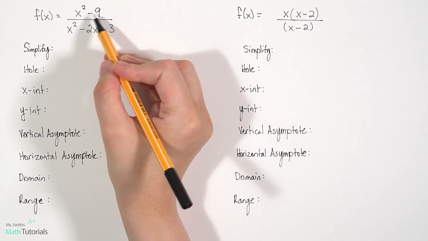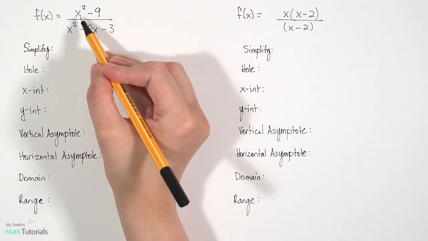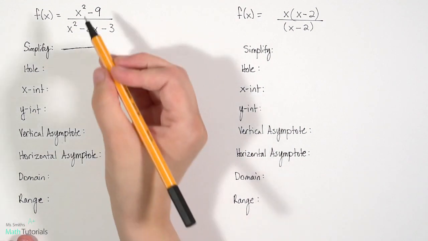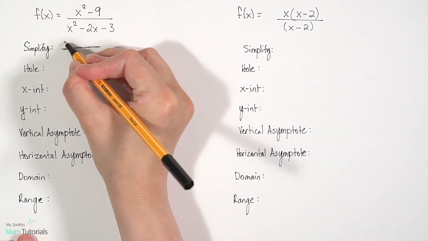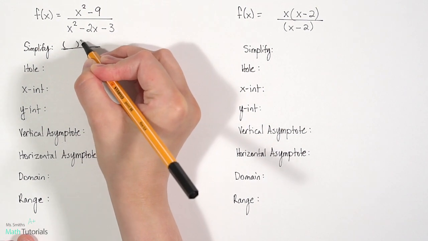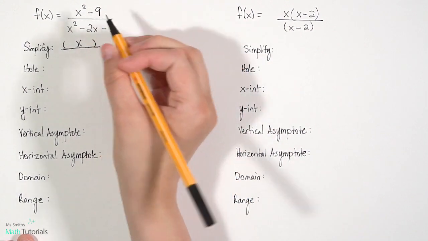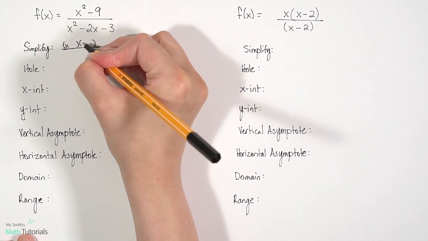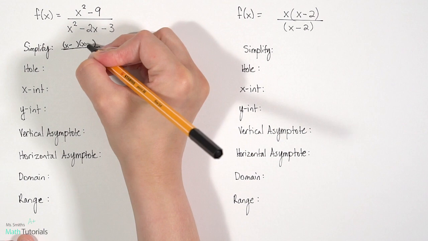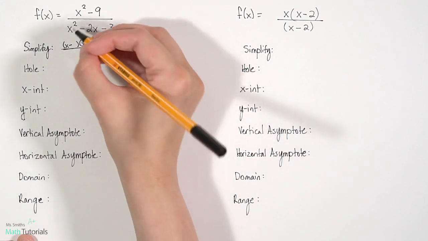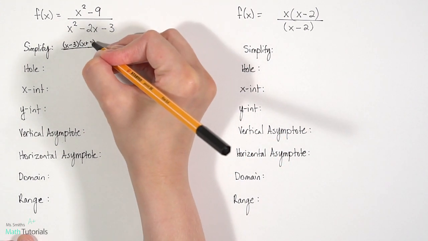So for the numerator, this is a difference of perfect squares, x squared minus 9. So when we factor this, and I'm going to go ahead and write the simplified form, we create our two binomials. One is going to be plus, one is going to be minus. Our x squared goes first, then a minus and a plus, and then the square root of 9 is 3 and 3.